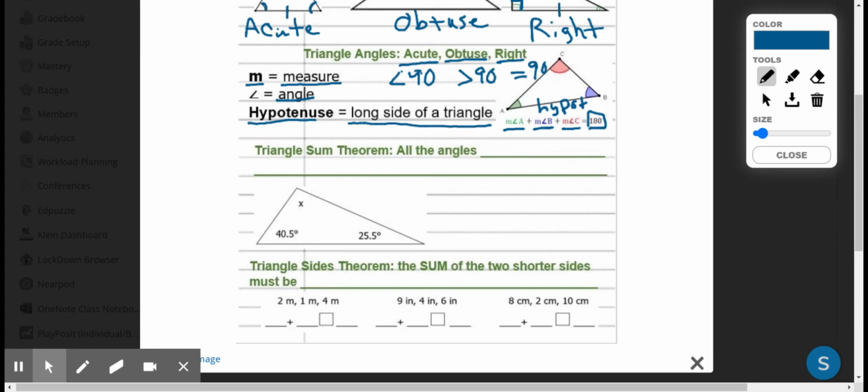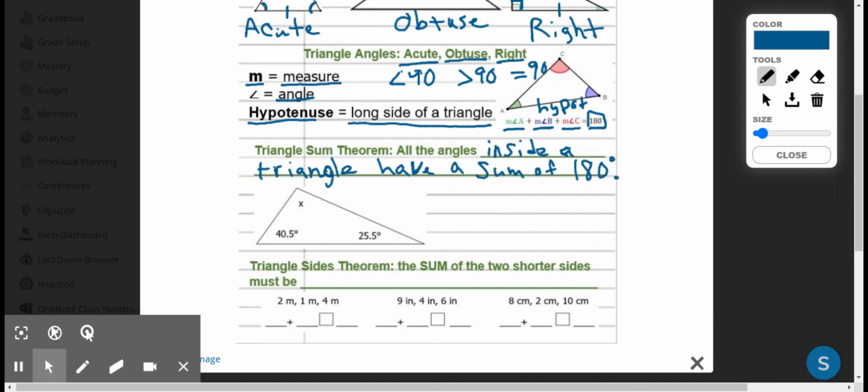Now, as we learn about triangles, one of the special features of a triangle is that all the angles inside the triangle add up to 180 degrees. So all the angles inside a triangle have a sum of 180 degrees. And sum means when you add them all up, it's going to equal 180 degrees.